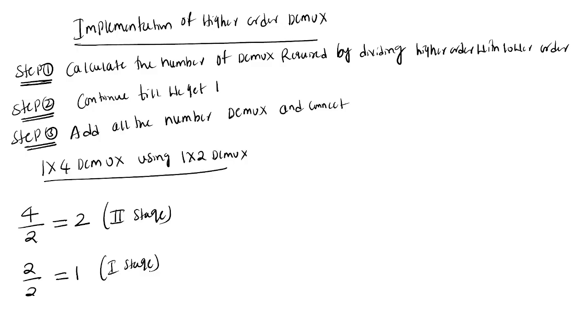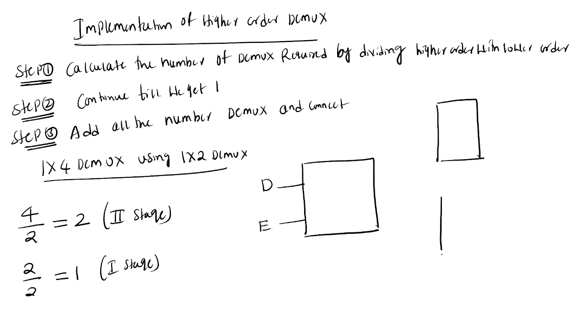Okay. So that means in the first stage you are connecting 1 demux. This is D input and enable pin is common for this demux and other demux. This is 1 cross 2 demux.